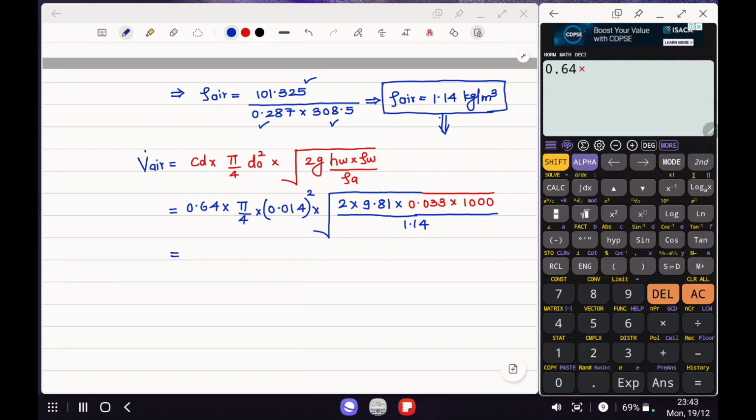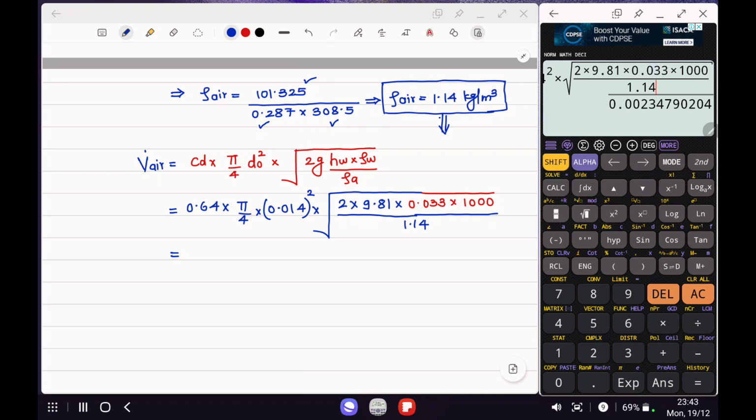0.64 into pi by 4 into 0.014, that is pi by 4 d squared, multiplied by the square root of, now this square root is again in terms of numerator and denominator, 2g HW, 0.033 into rho W, divided by 1.14.